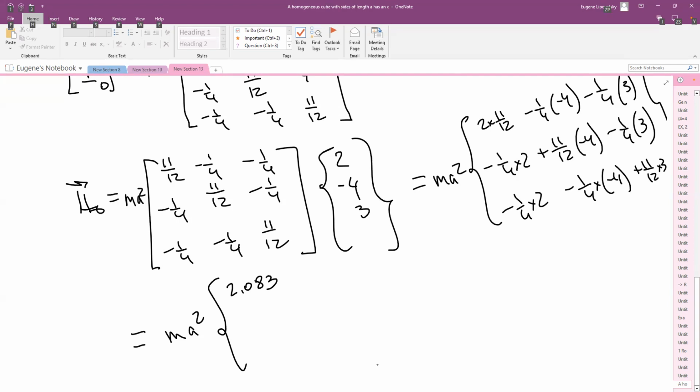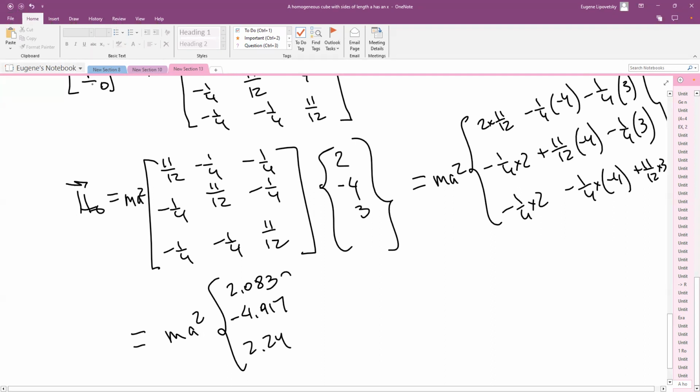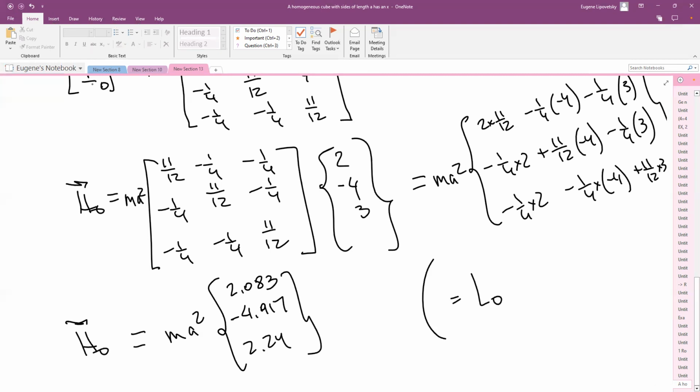It's going to be minus 4.9917. And the last one will be 0.5 plus 1 plus 11 divided by 4. It's going to be 2.24. That's the HO, or the way he calls it, LO. Okay, angular momentum about O.